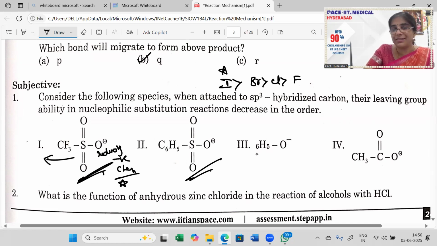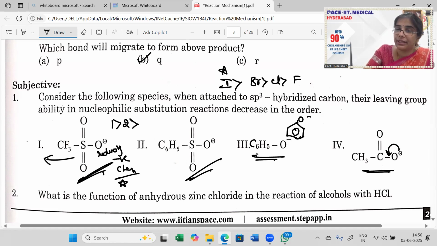So number 1 is the best. Then comes C6H5 with S with 3 oxygens, option 2. So first is much better, then 2. Then you have C6H5 O minus and CH3 O minus. Oxygen, when it donates the electron, the electron goes in there.